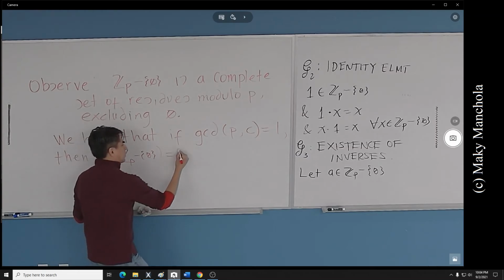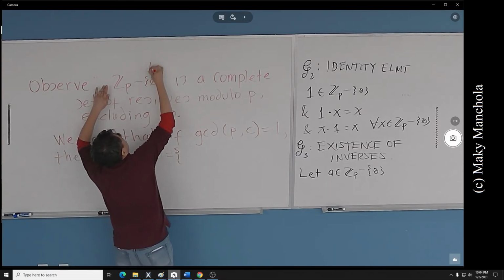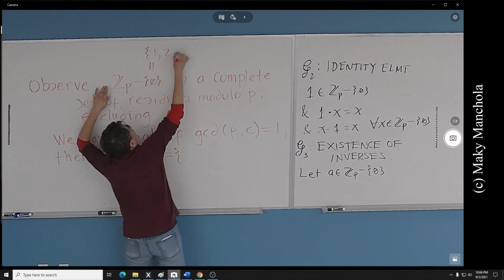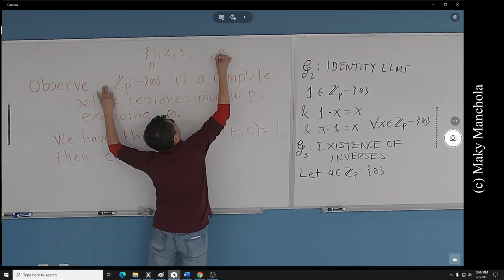So what's the result? This set is 1, 2, 3, all the way to P minus 1.